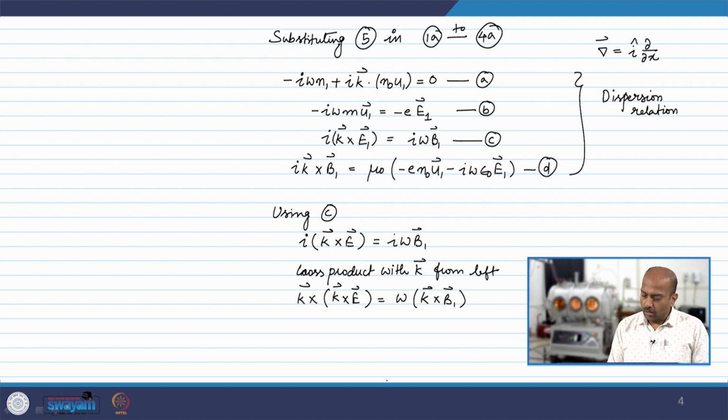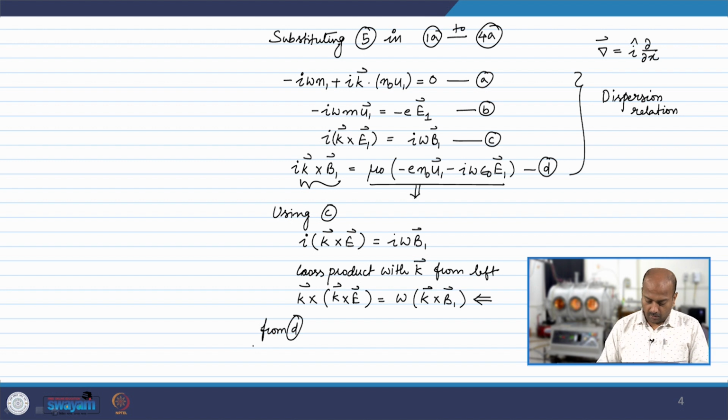Now, from equation number D, we know that i times k cross B1 is actually this. So, all of this can be substituted into this equation directly, right.